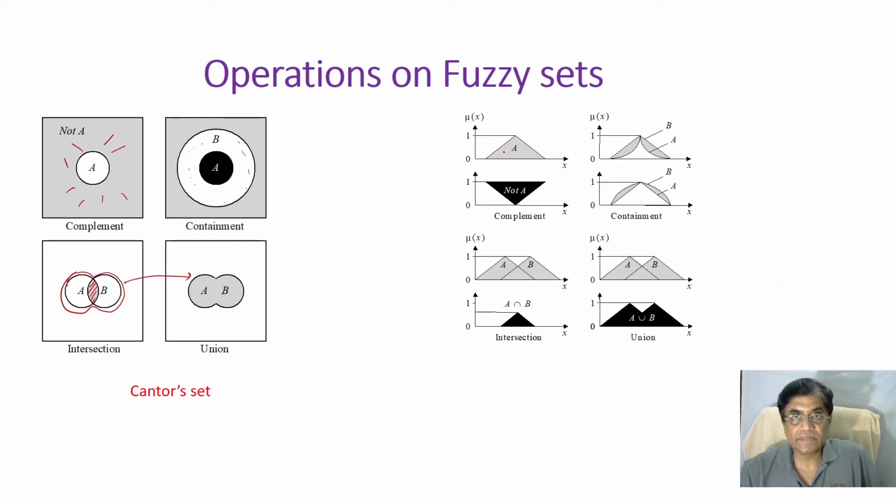In a fuzzy set, if this is our fuzzy set with this triangular membership function, then the complement of this will be this set, just an inverted triangular membership. Similarly, intersection is depicted by this, and union is this.